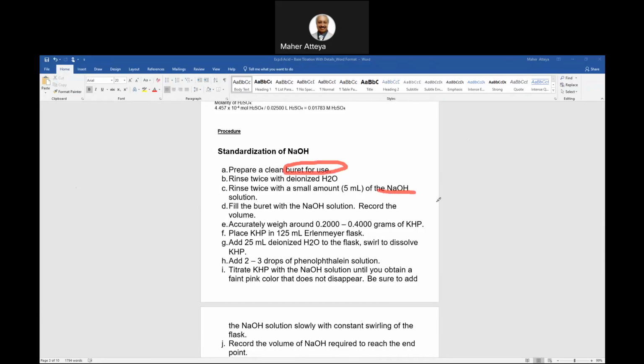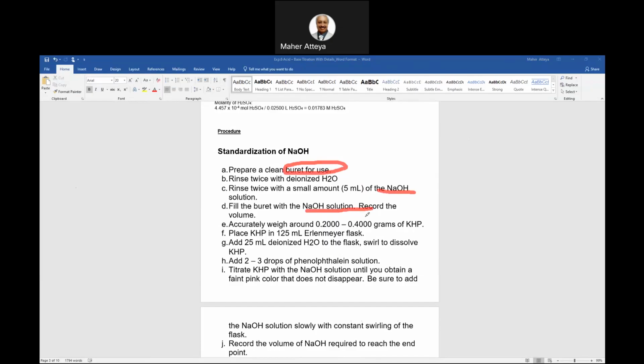You rinse it to make sure of the inner wall; that's called conditioning of the burette. You clean it first with distilled H2O, and then you rinse it with a little bit of the solution. I will show you how it works when we are done. Then you fill sodium hydroxide to the 0 inside the burette. Then you will weigh with the weighing boat.